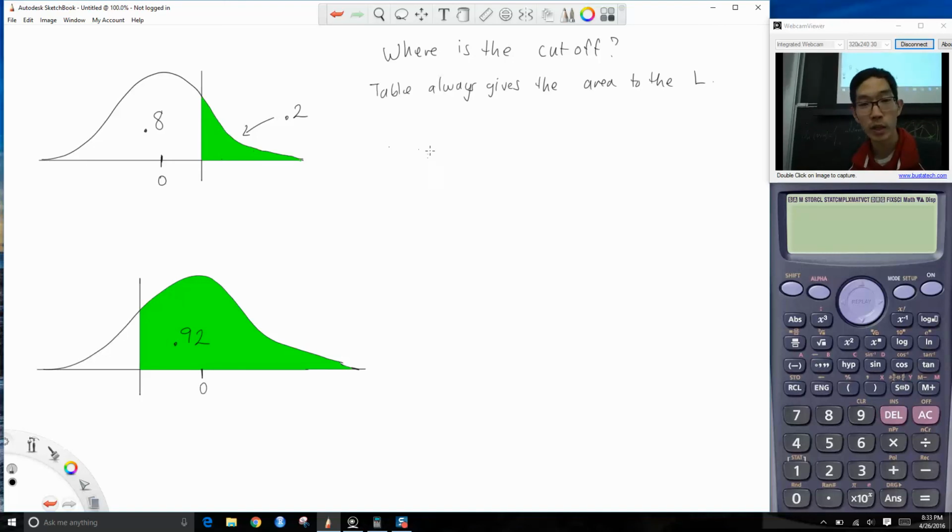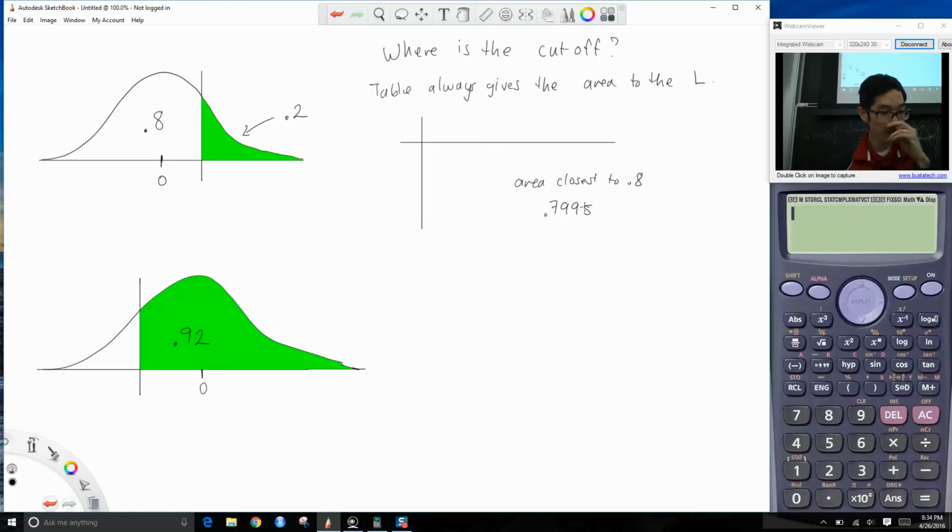Okay? And so we're going to try to find the area that is closest to 0.8. If you look in the table, the area that's the closest to 0.8 is 0.7995. Is that right? Okay.